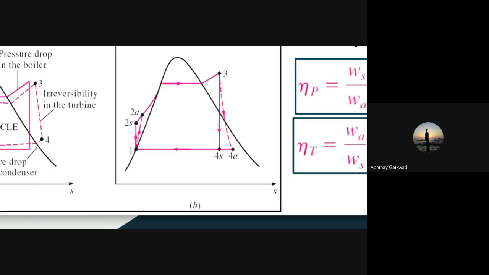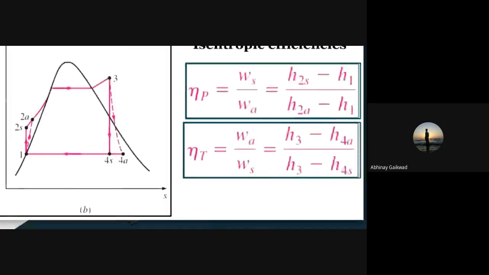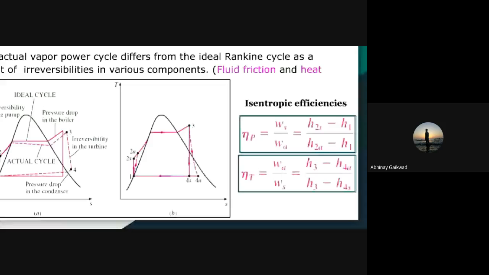So here we can calculate the actual pump and turbine efficiencies using this formula, from the actual process, to find the isentropic efficiencies of the pump and the turbine.